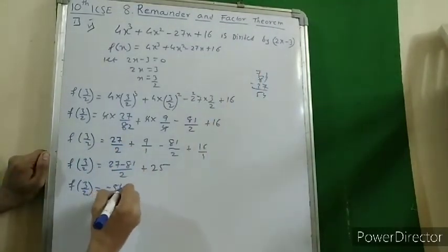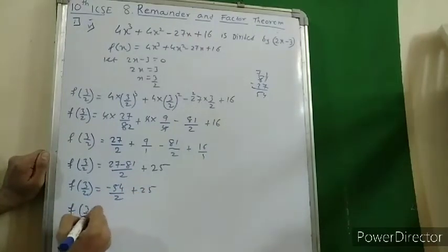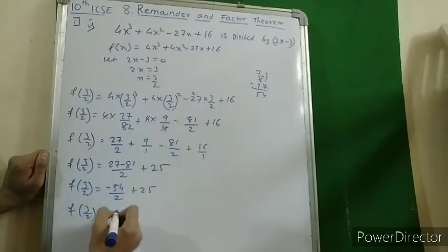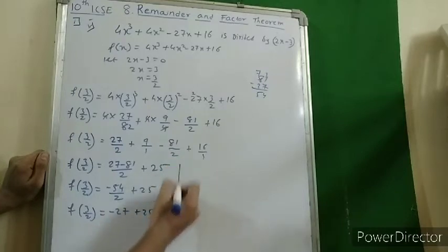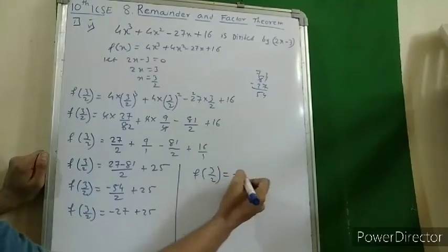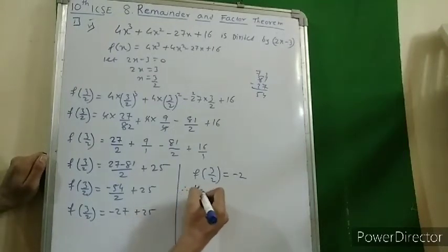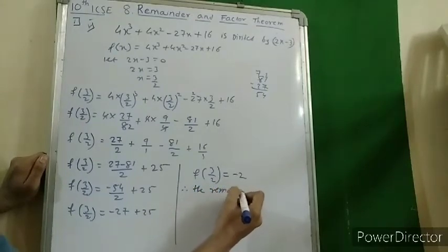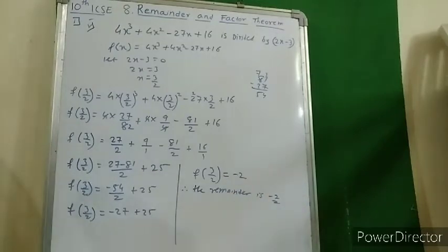So it is minus 54 upon 2 plus 25. When I divide by 2, it is 27. So plus 25. So I can say that function of 3 upon 2 is minus 2. That is, remainder is minus 2. Okay, therefore the remainder is minus 2.